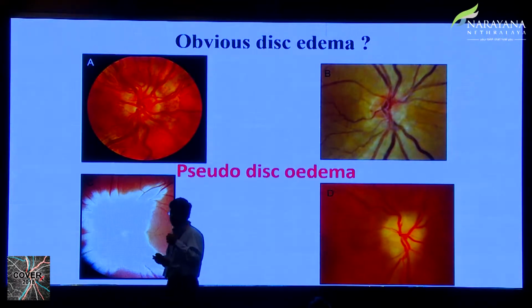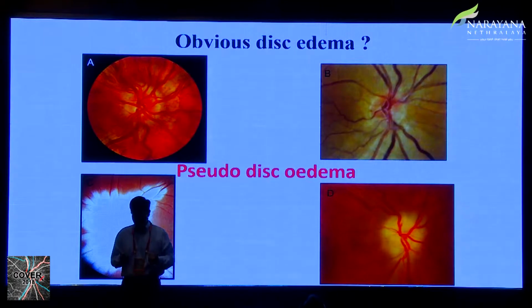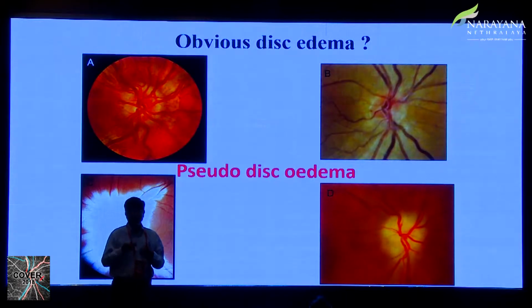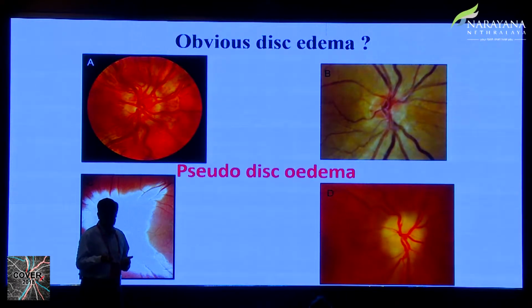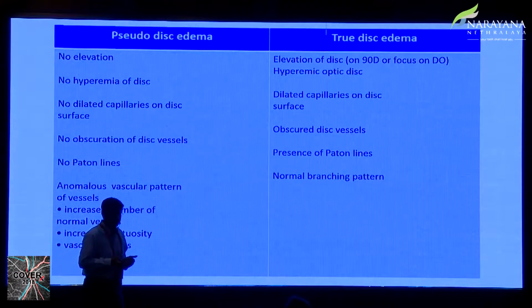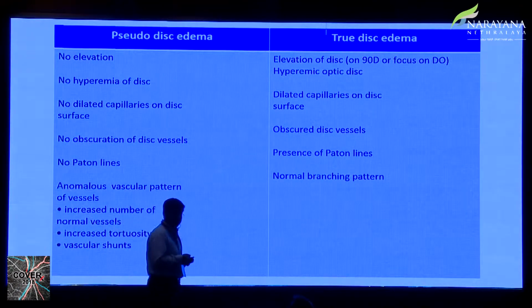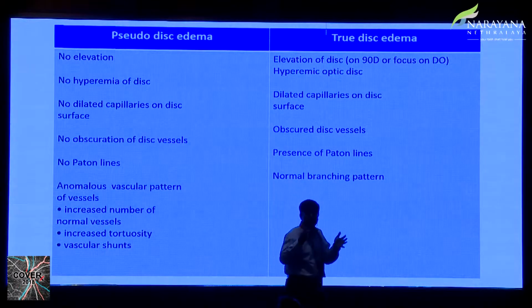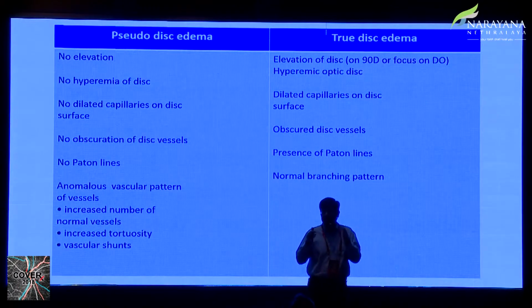The first most important thing to identify edema is to see it in 3D, a stereoscopic examination, using any of the 90D or 78D or whatever you're most comfortable with. The difference is that there is no elevation in a pseudoedema. The nerve fibers may pile up at the disc because it's actually called a papilla to start with.